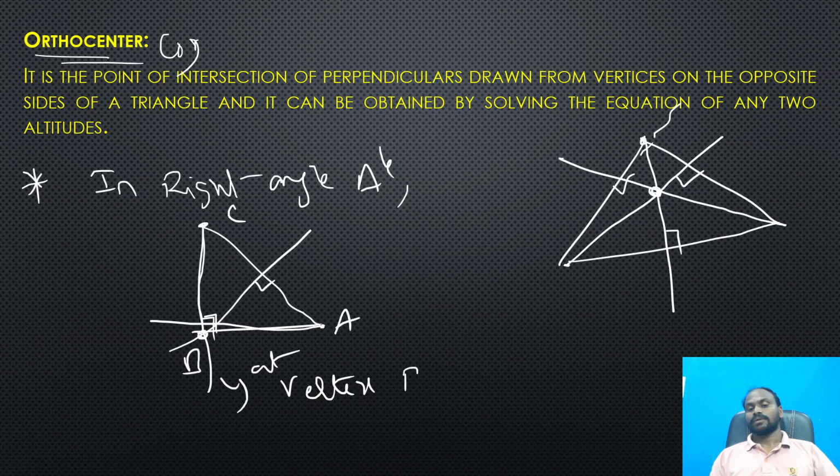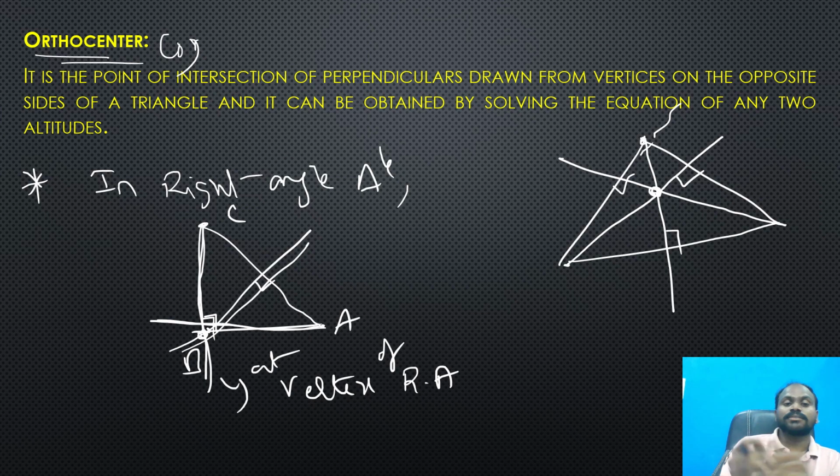So the point of concurrence is going to be at B, which is the right angle. That is how we can find the orthocenter position.